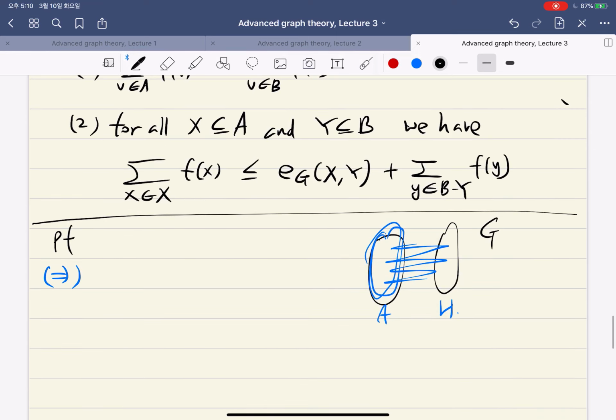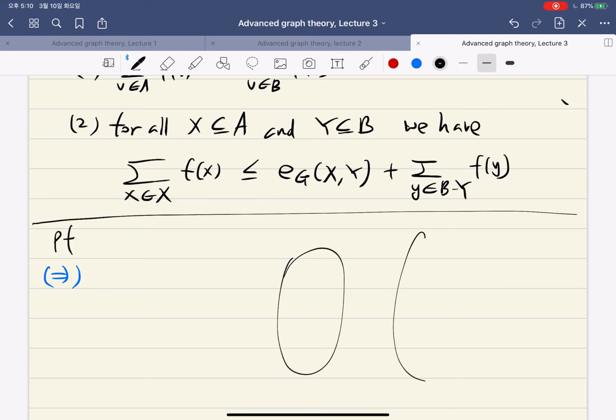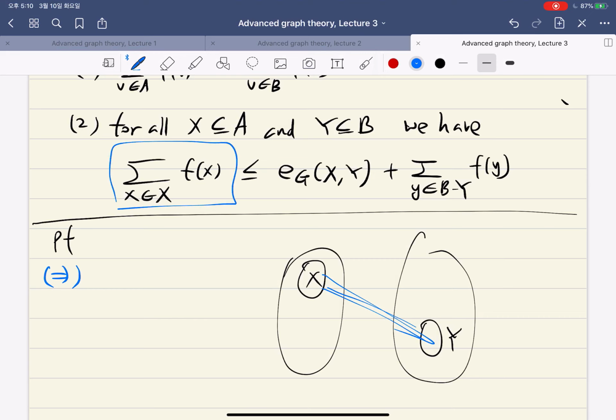And for 2, why is it true? Again, if we have H, then we have this X and Y, and H sends some edges.